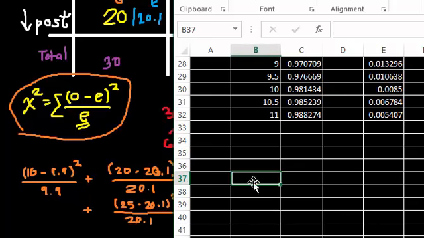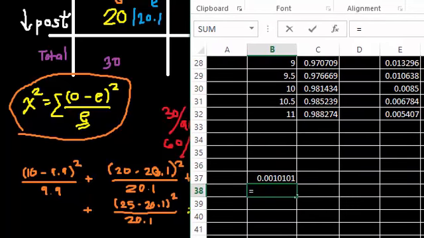I'm going to grab Excel to try and partially help us out. So 10 minus 9.9 squared divided by 9.9. I'm just going to leave it there. And next value is 20, with parentheses, 20 minus 20.1 squared divided by 20.1.